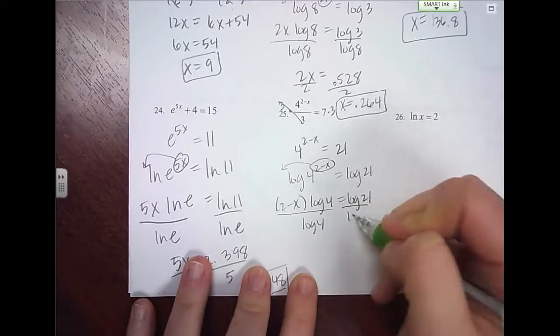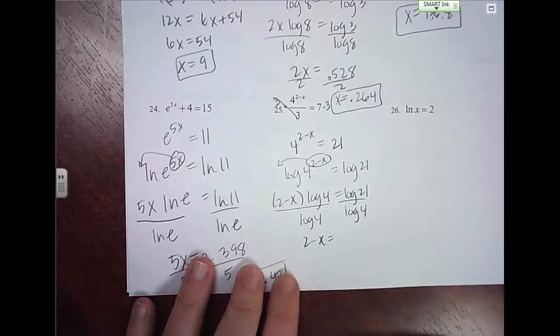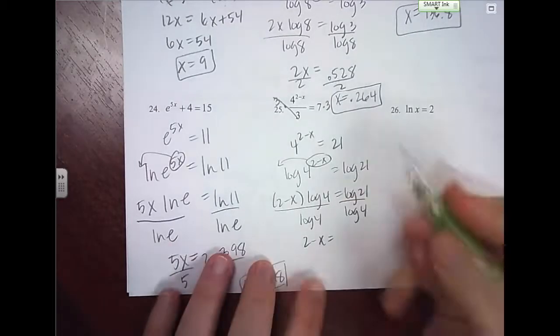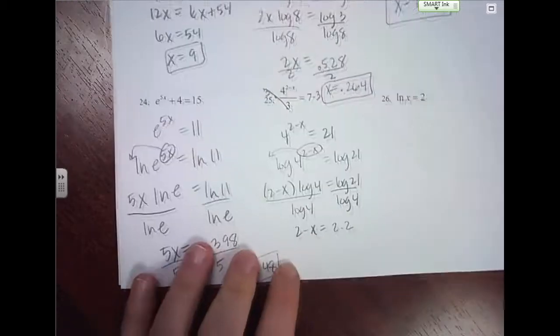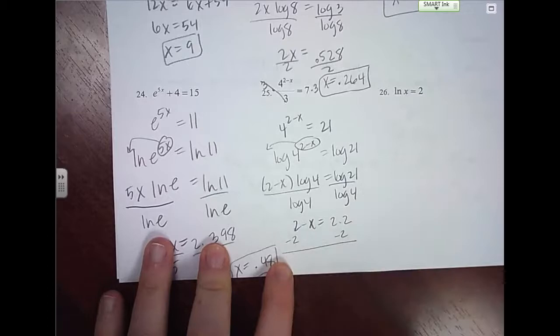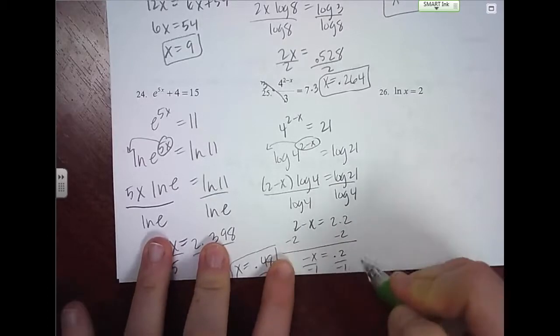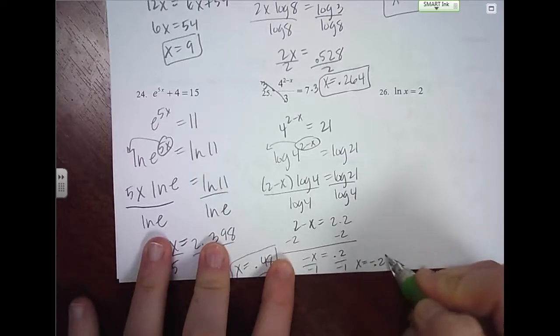You're always going to want to get rid of that log first. So 2 minus x equals, put that in my calculator, we'll go with 2.2. So this is a positive 2. I'm going to subtract the 2. So negative x equals 0.2 and divide by negative 1. So x equals negative 0.2.